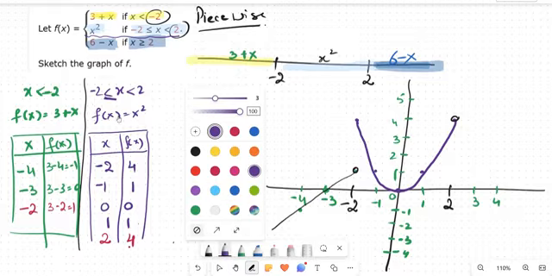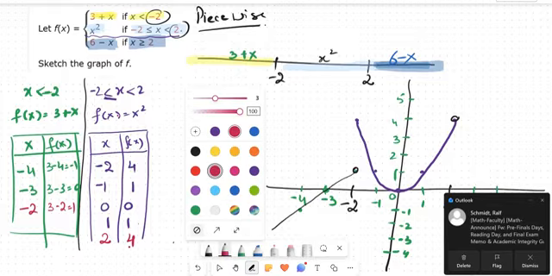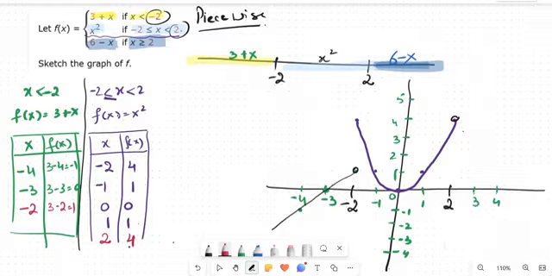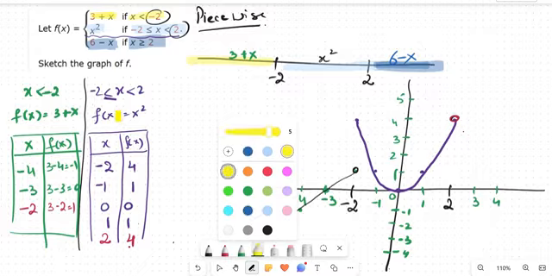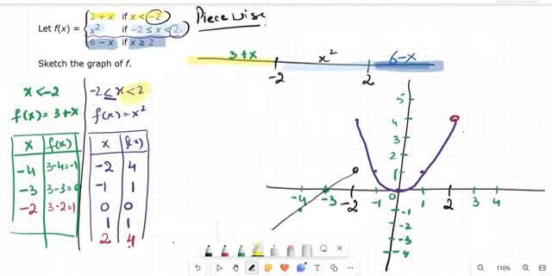Okay, you can draw it with red so you see it clearly. This point is not included in your curve. Why? Because at this point 2 is not included. x is strictly less than 2.